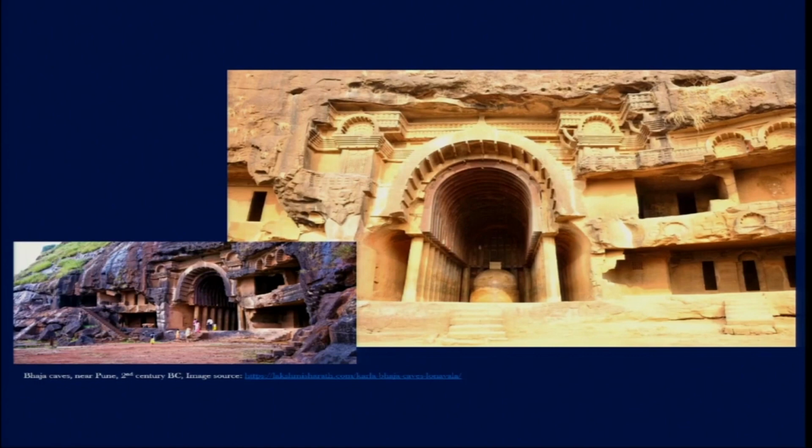On the other hand, when we see the scale of structures like the Bhaja caves, and also the Karle caves and so on, the size, the scale, the precision, and the details do not really seem simplistic, but are done with much more care. How did this kind of development happen?